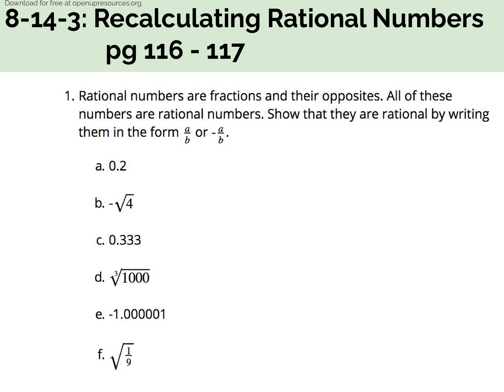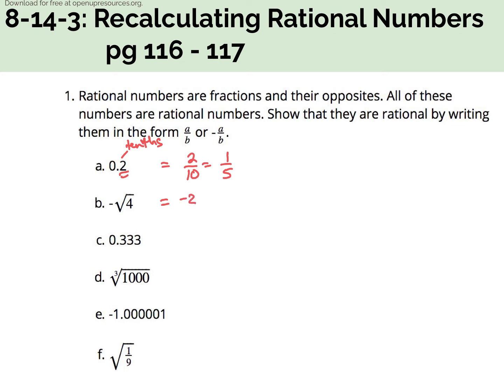All right, let's walk through these. A. The 2 is in the tenths position, so this answer is going to be 2 over 10, and then let's simplify it down to 1 over 5. B. First of all, we have to take the square root of 4. The square root of 4 is 2, and then give it a negative.